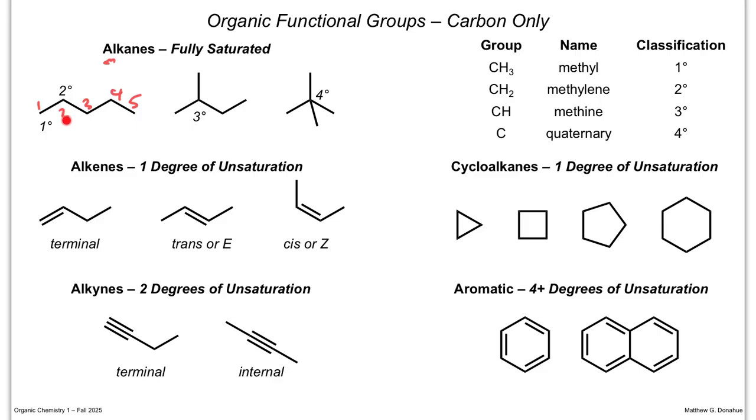Carbon 2, I see 1 bond, 2 bonds, so 4 minus 2 is 2. That has 2 hydrogens. So that's called a methylene, and the carbon is secondary.